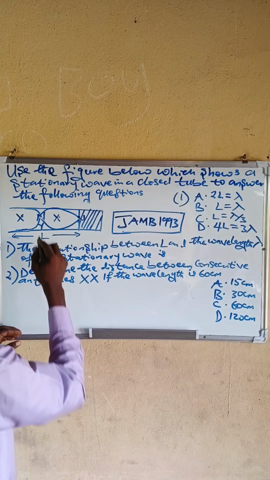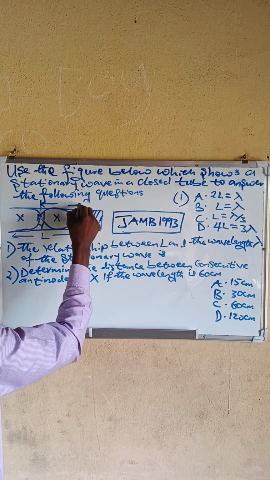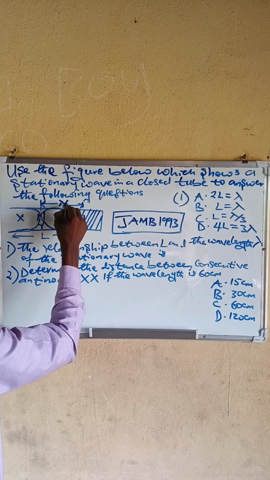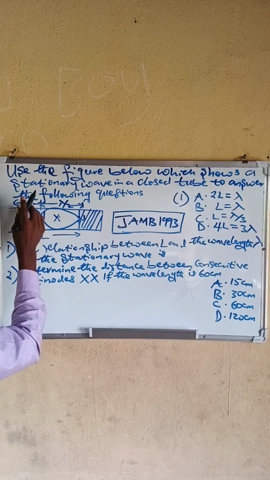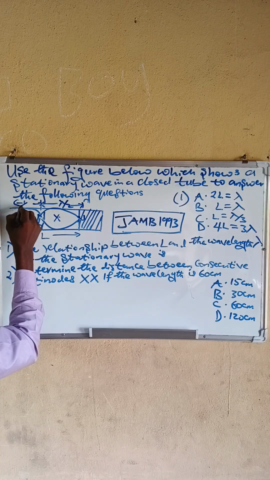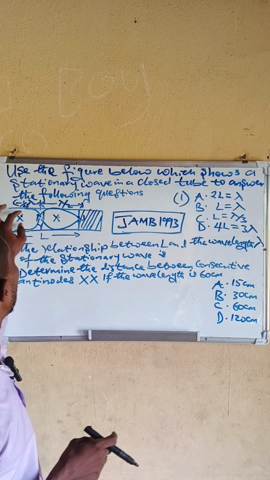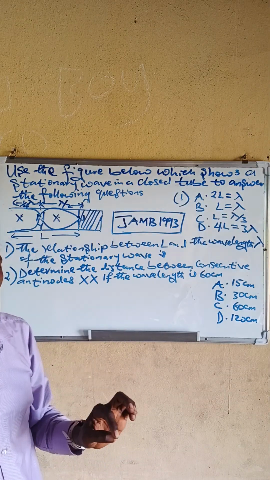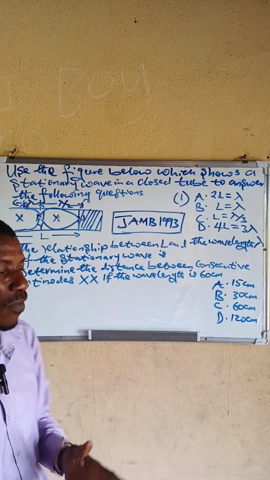So what to do now is, from here to this point is half wavelength. From this point to this point is 1/4 wavelength. The distance between an antinode and a node is 1/4 wavelength. The distance between a node and a node is half wavelength.